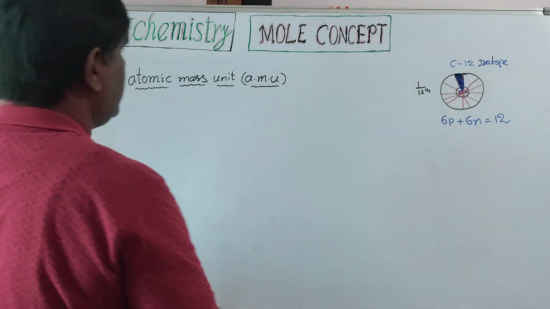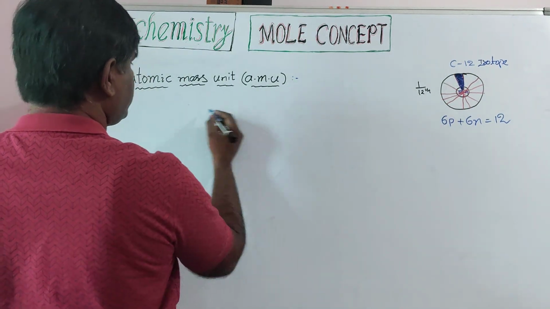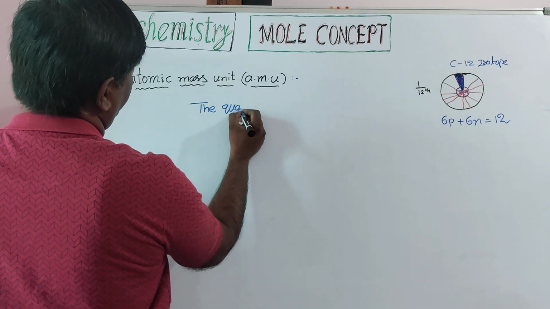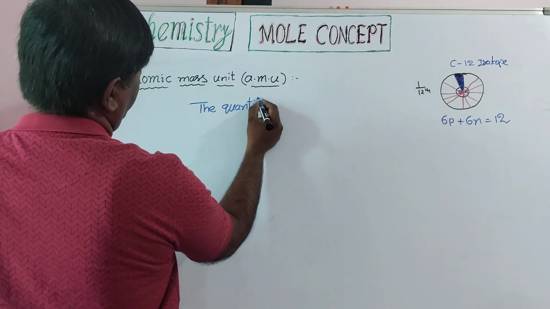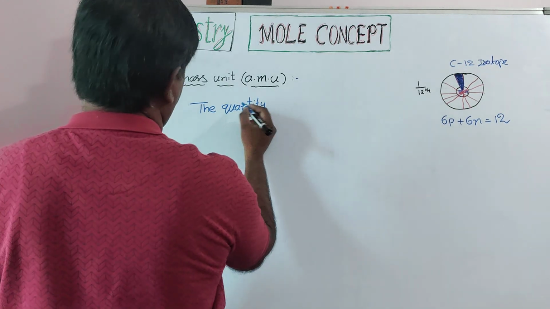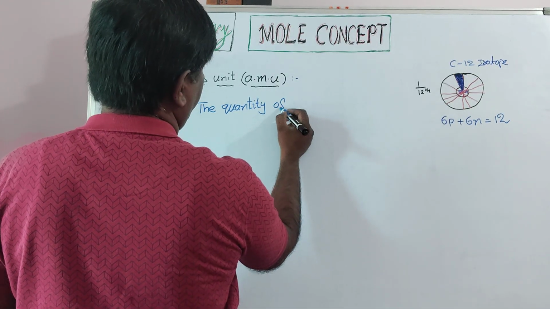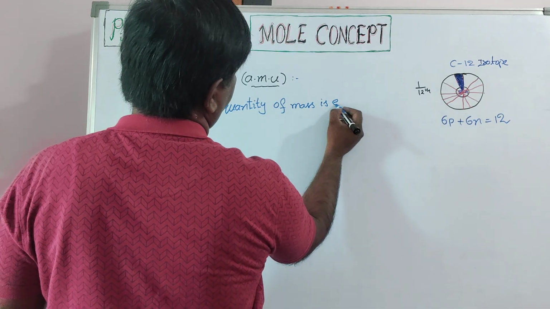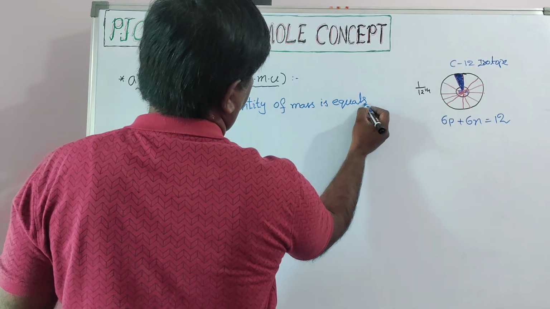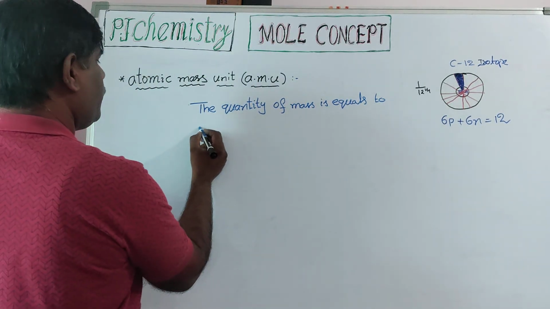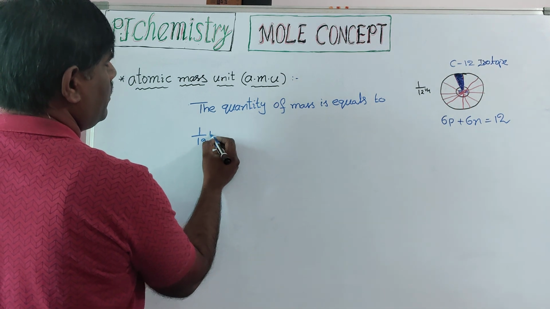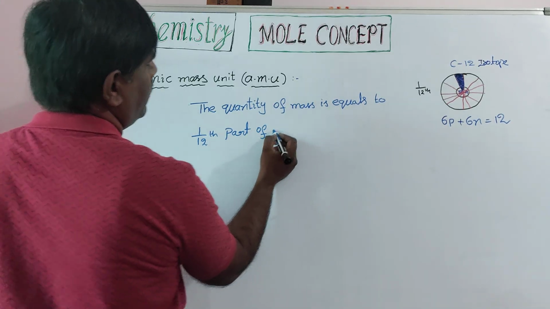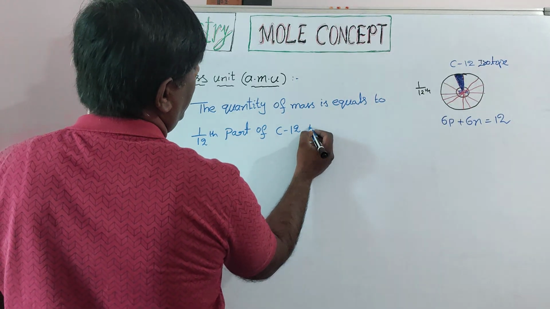Okay, so definition for AMU: the quantity of mass is equal to 1 by 12th part of C12 isotope.